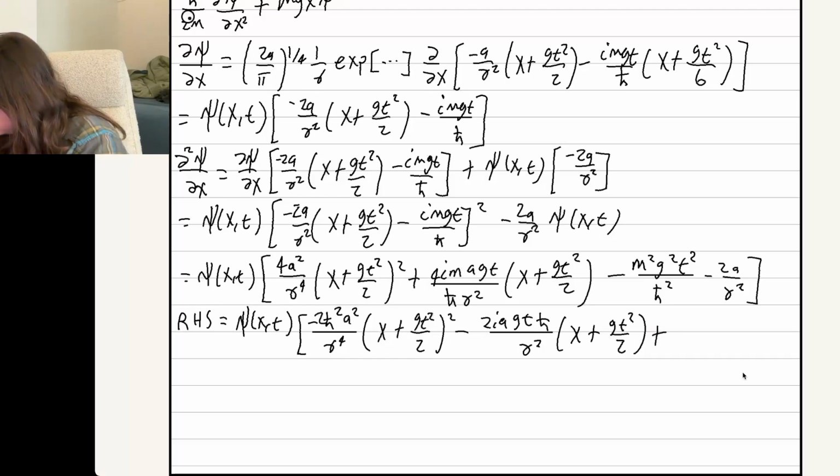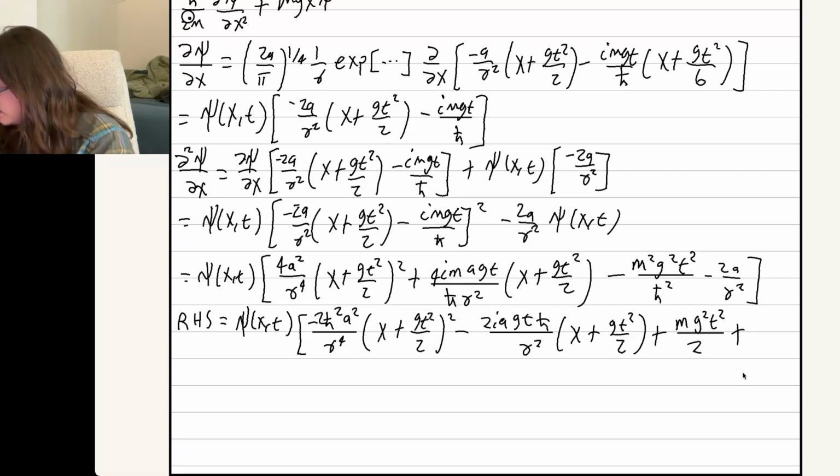plus m g squared t squared over 2, plus h bar squared a over gamma squared m.